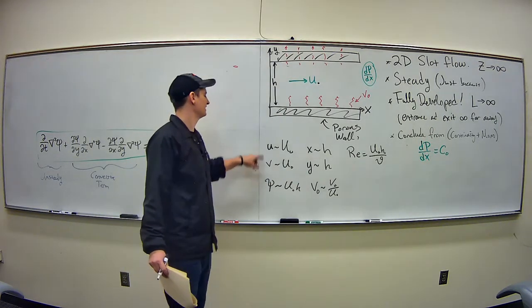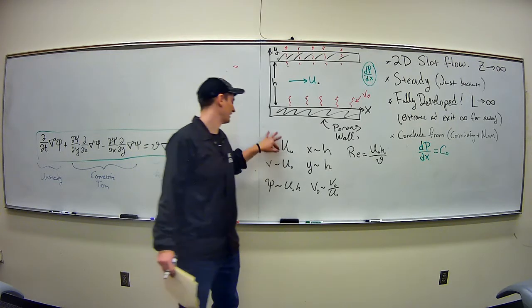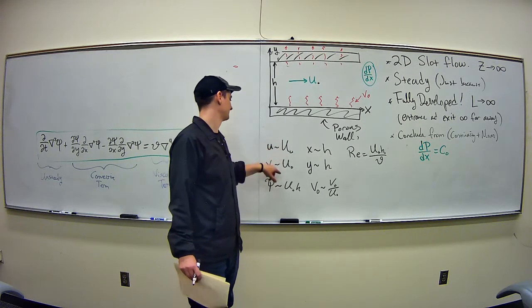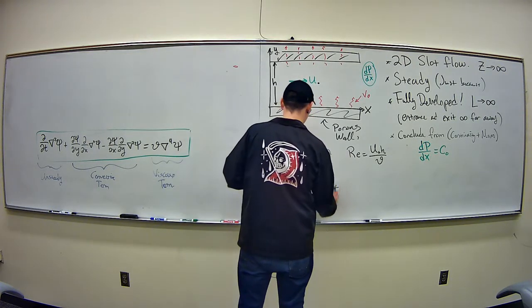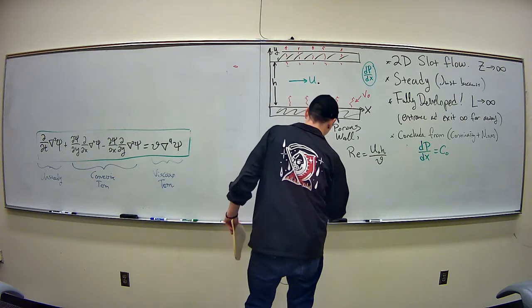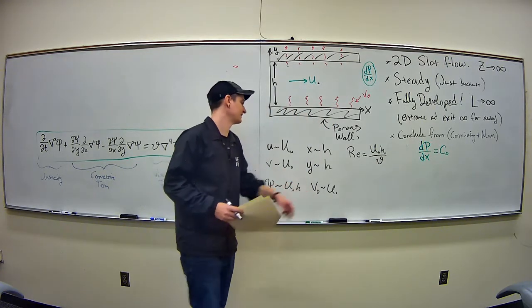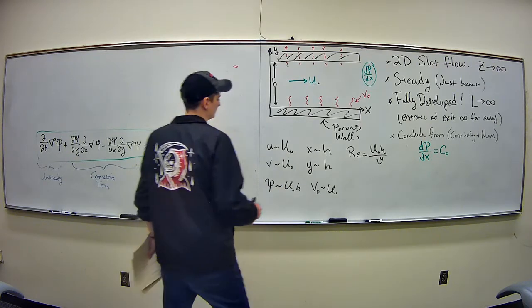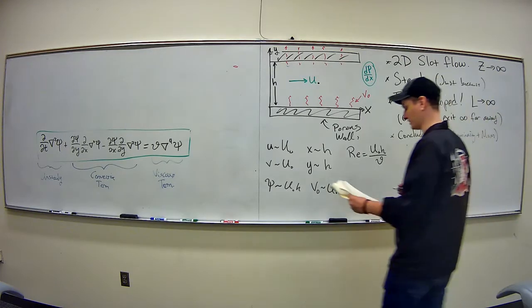So notice my u and v are scaled by the same velocity. All velocities are scaled by this v naught. That's what this is saying. I'll scale this by u naught, this by u naught, and even this by u naught. The other scales I defined, there's a parameter that pops up as well.